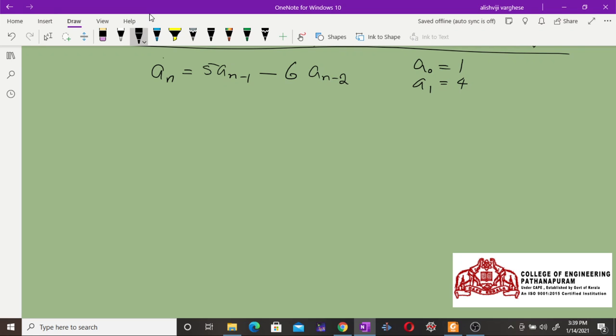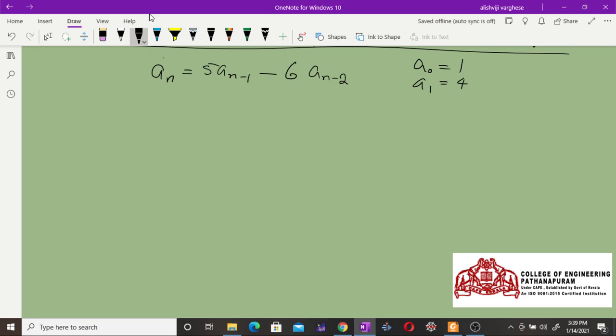So it's a linear recurrence relation because the powers of a_(n-1), a_(n-2), etc. are 1, and it contains only constant coefficients.